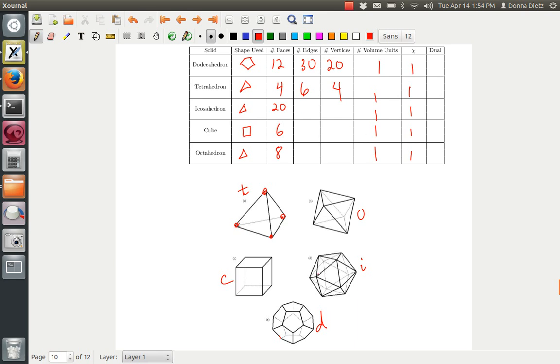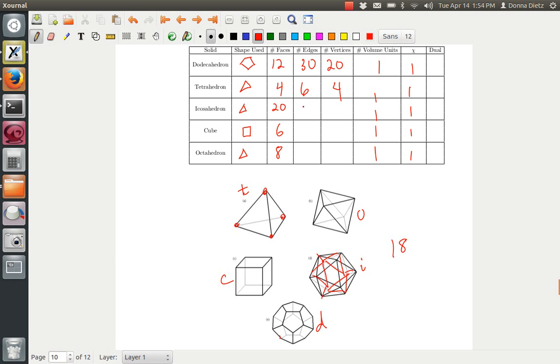Icosahedron, we have 1, 2, 3, 4, 5, 6, 7, 8, 9, 10, 11, 12, 13, 14, 15, 16, 17, 18, plus something. So I'm going to erase all this now. I'm going to count the gray ones. 19, 20, 21, 22, 23, 24, 25, 26, 27, 28, 29, 30.